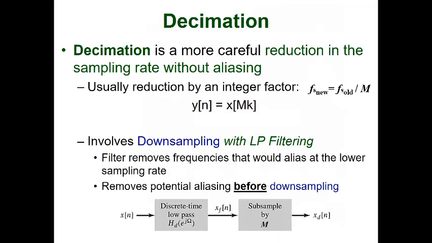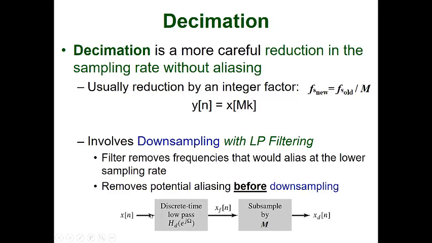Decimation is intelligent downsampling. It's downsampling where we add an additional step to make sure that aliasing doesn't happen in that process. So we effectively prevent it from happening, even if it means we're throwing away some of the signal content. So before we downsample, we band limit the signal to a Nyquist rate that's appropriate for the new, lower sampling rate.